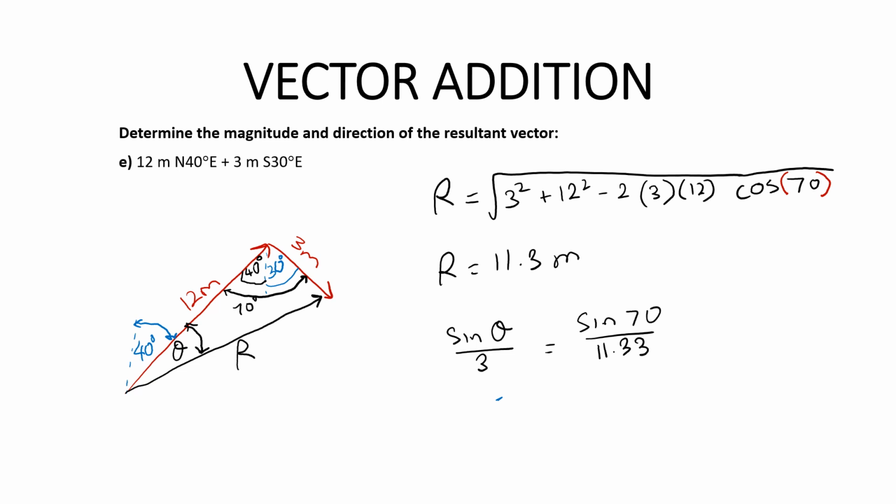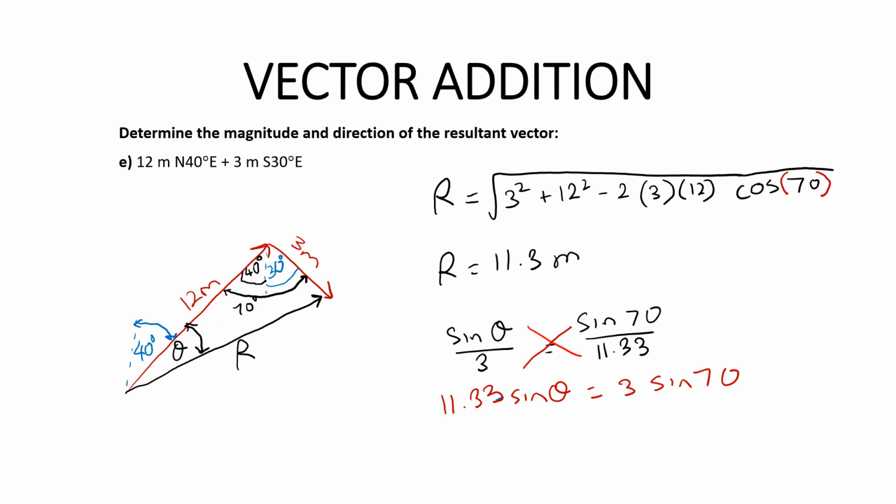So here we have one equation, one unknown, so we can cross multiply. 11.33 times sine theta equals 3 times sine 70. And now sine theta is equal to 3 sine 70 over 11.33.